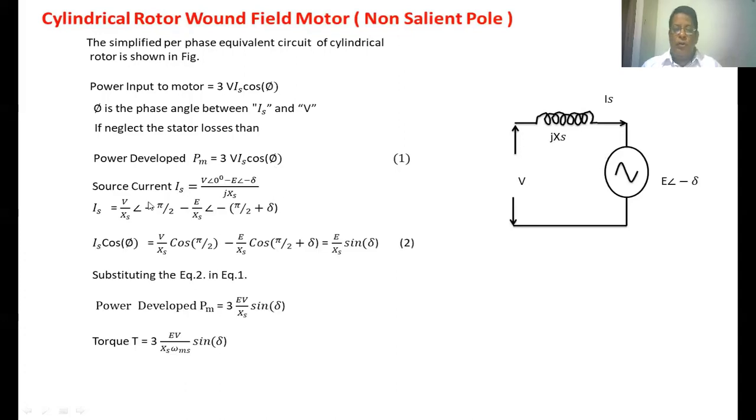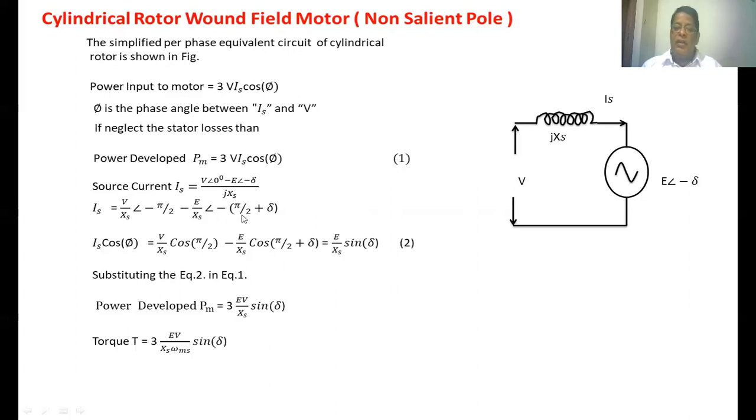From this circuit, the source current equals this voltage minus this voltage divided by this reactance: V at angle 0 minus E at angle minus delta, divided by jXs. Now we simplify this. Is equals V by Xs at angle minus pi by 2, because j is an operator which gives a phase displacement of 90 degrees, minus E by Xs at angle minus pi by 2 plus delta.